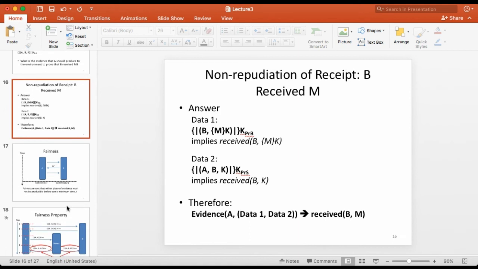It could be a financial transaction, some kind of receipt, some kind of proof of evidence, or anything else that your business application requires it to be. So this protocol gives us non-repudiation with respect to this message M for both parties participating in the protocol.